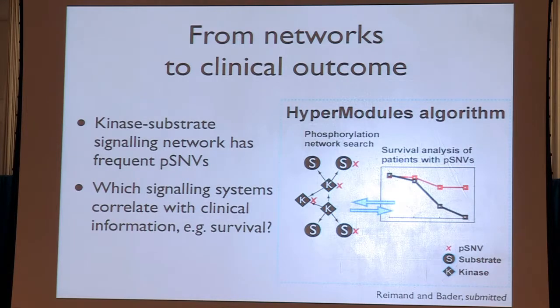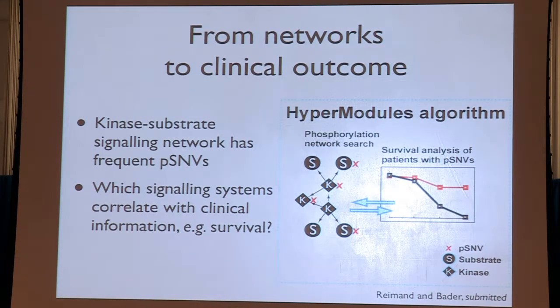We were looking for regions of this network that were both significantly mutated and also correlated with clinical outcome. We looked at the only major clinical outcome that we had available at the time, which was from the ovarian cancer genomics project, and we looked at survival.